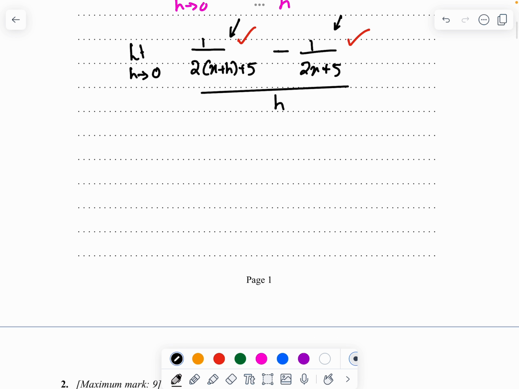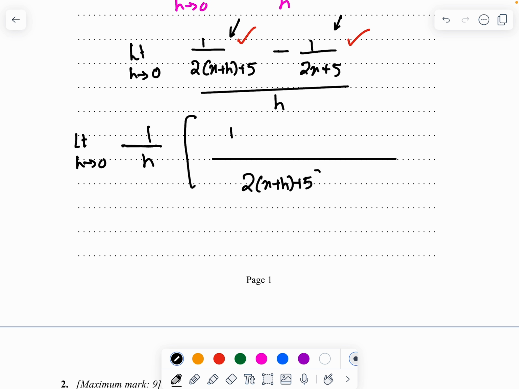So what is that? Limit h approaches 0. I can take 1 upon h as a denominator common. The common denominator for both is 2 of x plus h plus 5 times 2x plus 5.